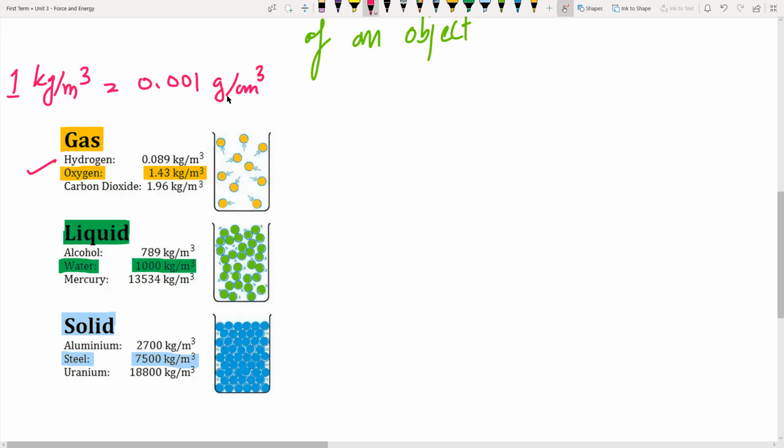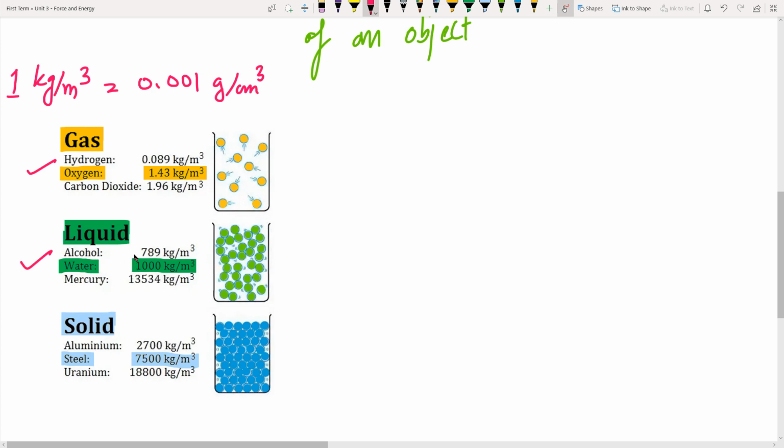That's the basic idea, that you simply divide the value in kilograms by 1,000 to get grams per centimeter cube. That's a simple converter. Over here we have water for liquids as an example, which has a density of 1,000 kilograms per meter cube, or as I said, you can simply divide it by 1,000, so it is going to be 1 for water.